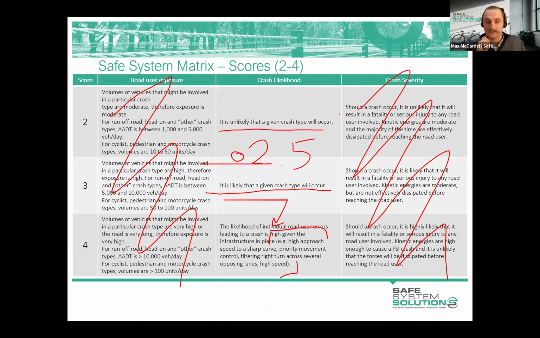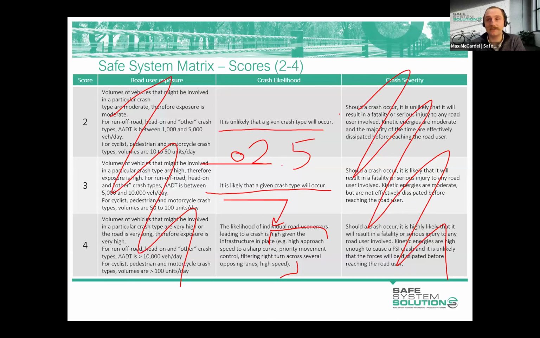Loretta: Just on the crash, can you use crash data to support the likelihood? Good question. You can certainly reference crash data, and if there's a trend in crashes occurring, I think that'd be very relevant to include. But I'd be hesitant on relying on crash data. For instance, if no runoff road crashes have occurred there, that's not to say that there's a low likelihood of crashes occurring there.